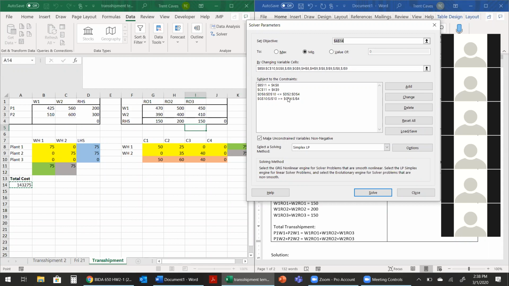Notice that the production demand is listed as a minimum demand, and our capacity demand is a maximum demand.